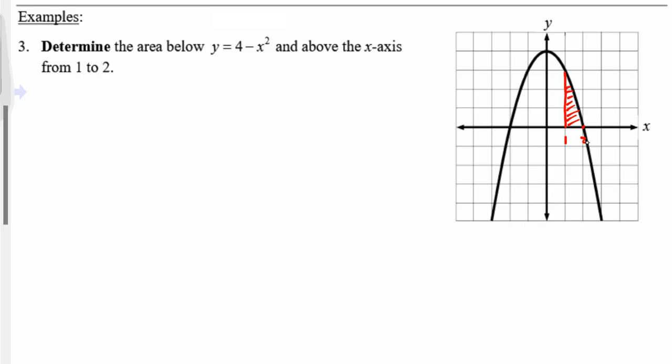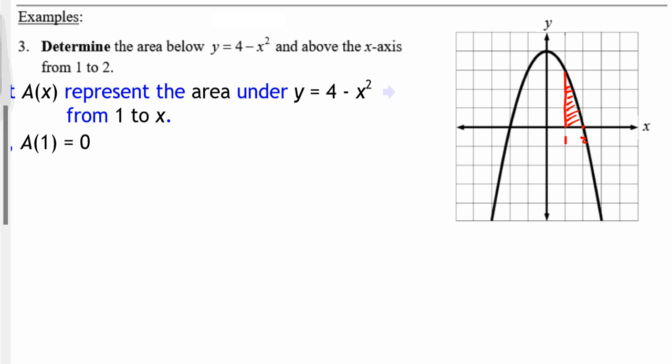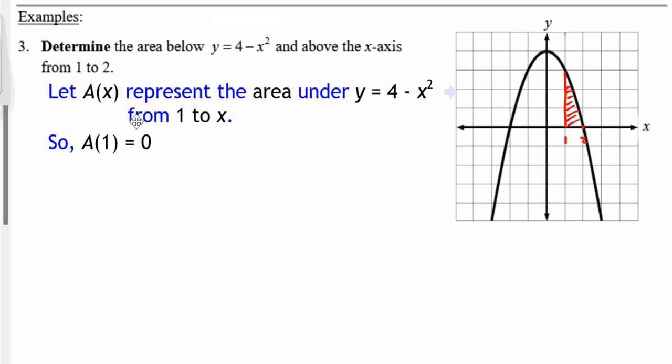Here's where I start. I'm going to say A of x is going to represent the area under the curve from 1 to x. If that's true, A of 1 equals 0.